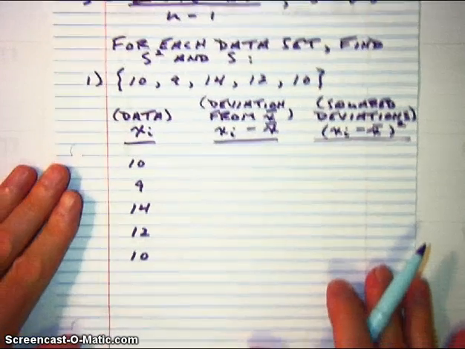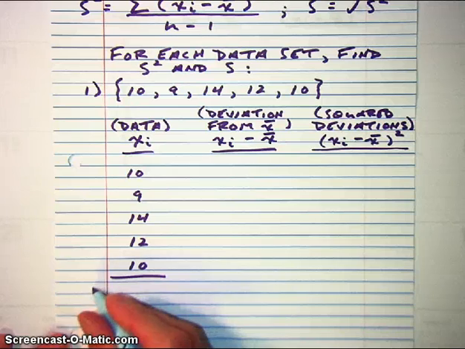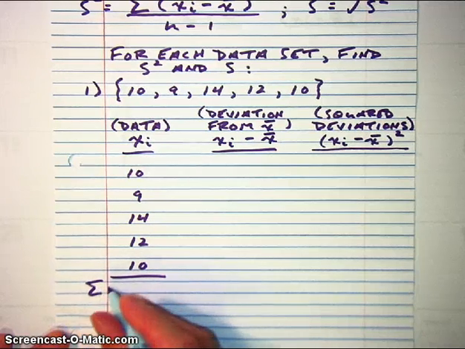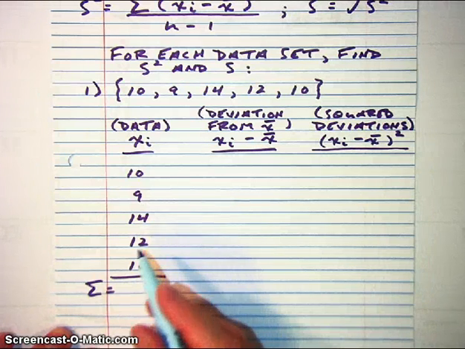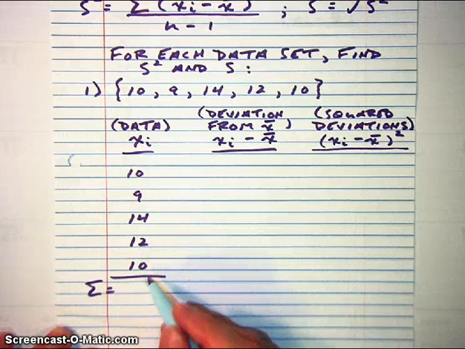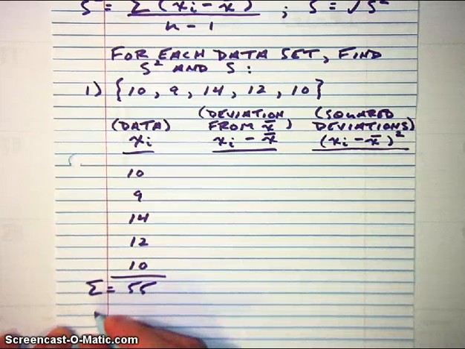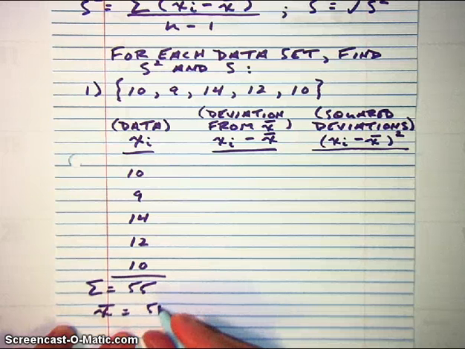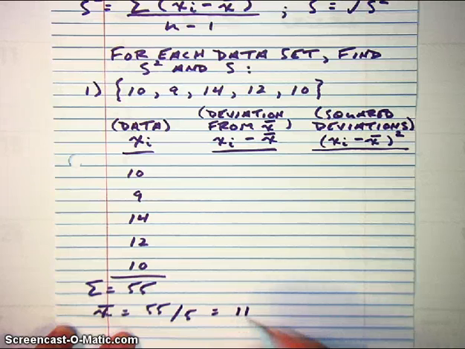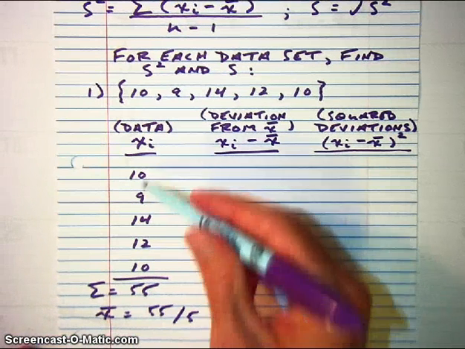So we will sum up these 5 values. 10 plus 9 is 19, plus 14 is 33, plus 12 is 45, plus 10 is 55. So they add up to 55, and then x bar, our mean, is 55 over 5, which is 11.